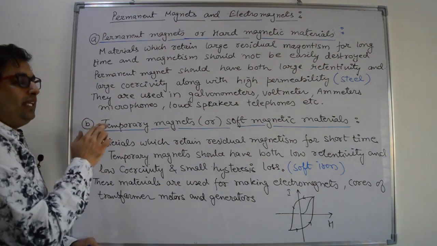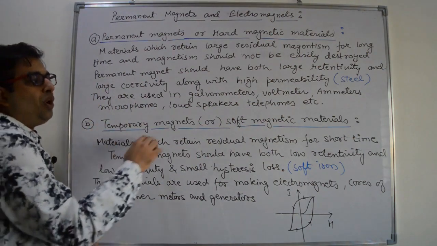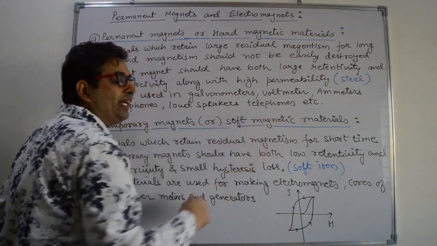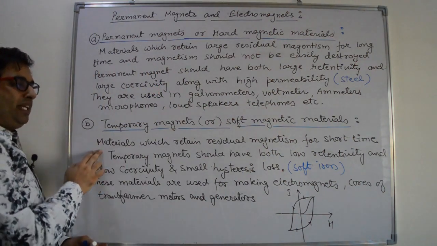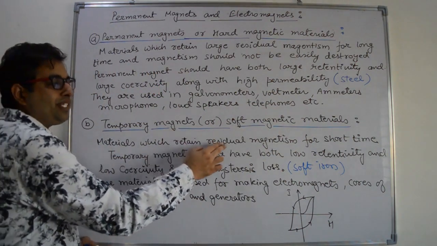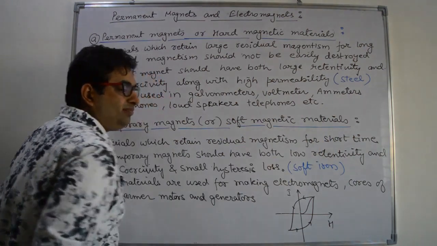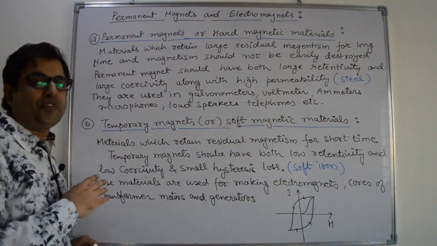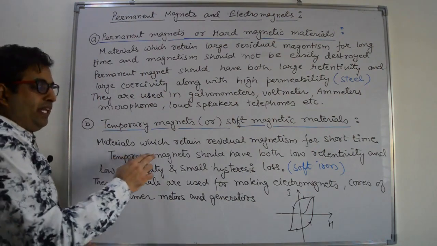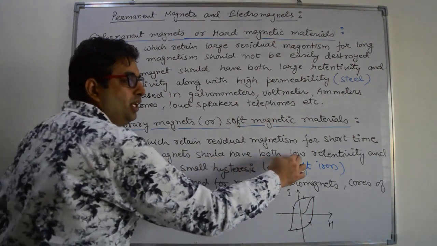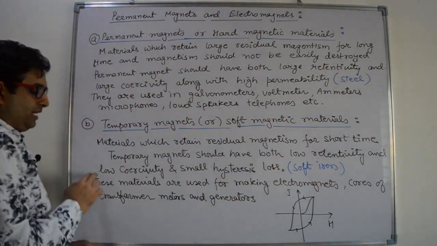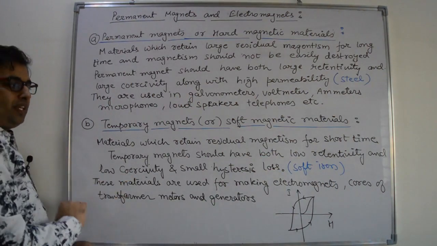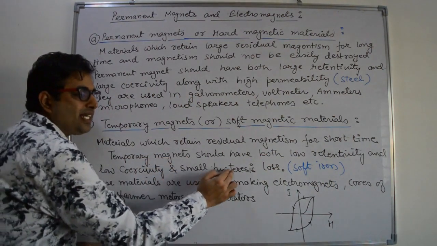Now next, temporary magnets, also known as soft magnetic materials. These are materials which retain residual magnetism for a short time. We need these magnets for a short duration of time, not for a long time. Temporary magnets should have both low retentivity and low coercivity and small hysteresis loss.